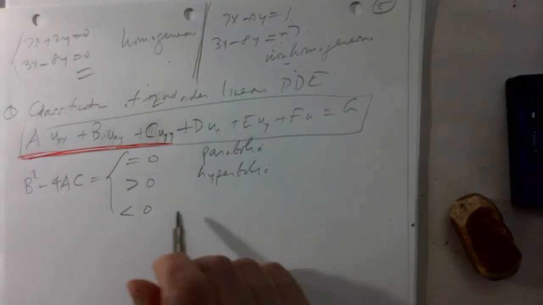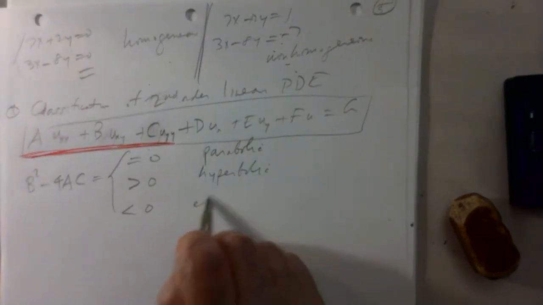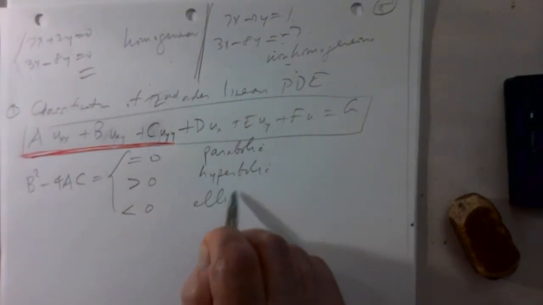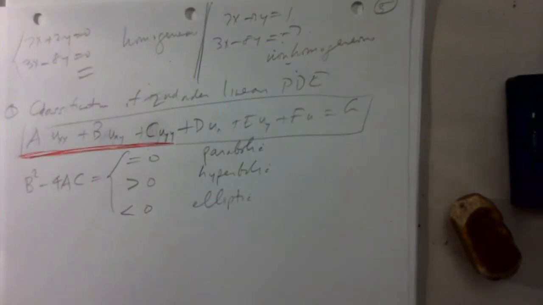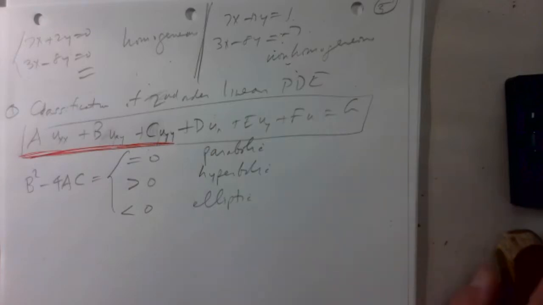And if it's negative, it's called elliptic. And we will see throughout this course that there are completely different properties of parabolic, hyperbolic, and elliptic partial differential equations.